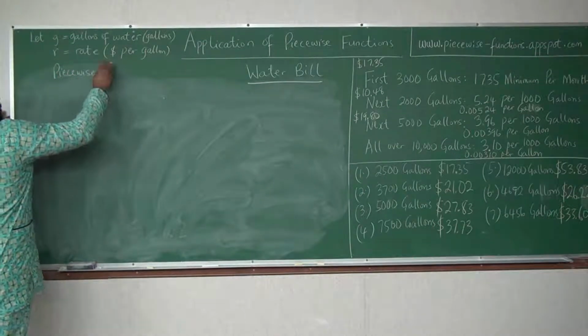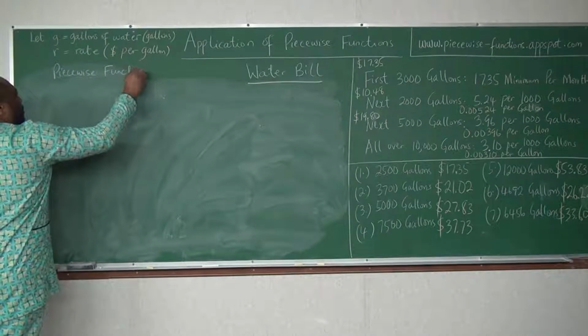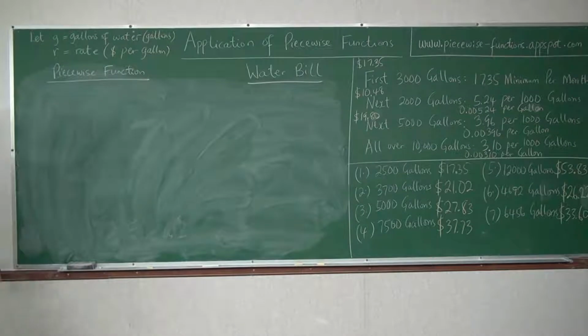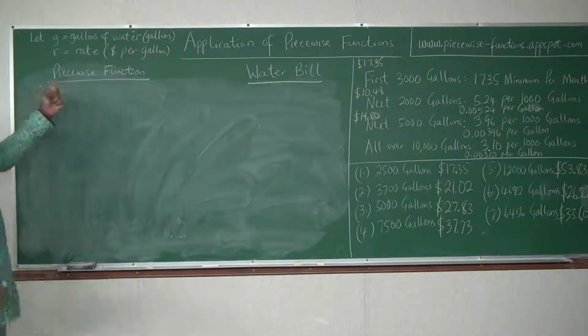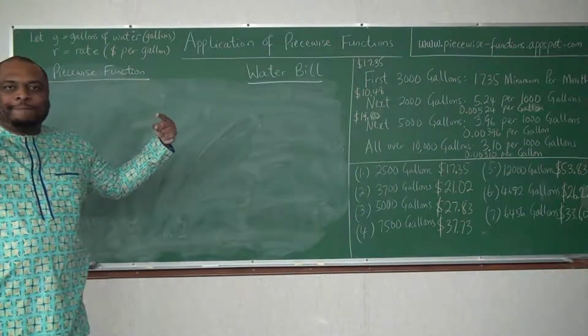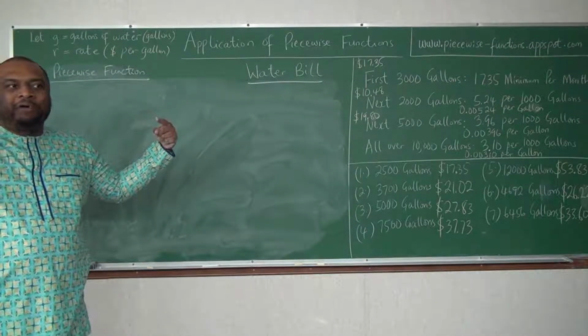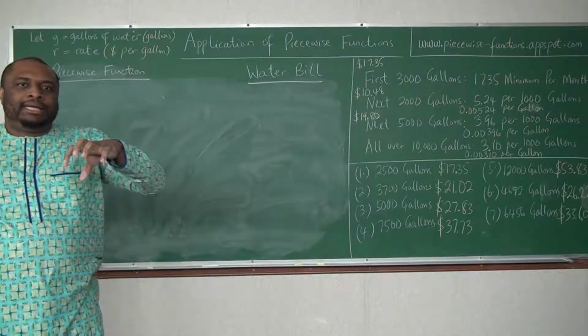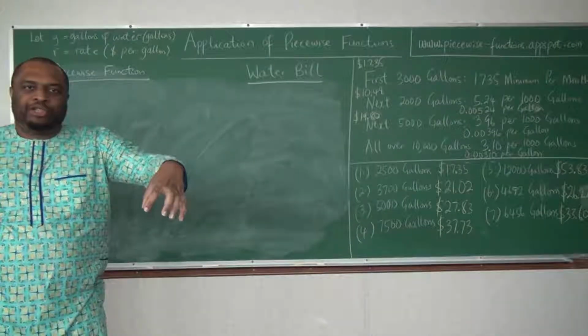Okay, now the second method is the piecewise function. You have two ways you can write a piecewise function. We've talked about it. Now we're going to do this step by step, so you see how we write it. So this is R of G, rate per gallon, because the rate depends on the gallons of water consumed.